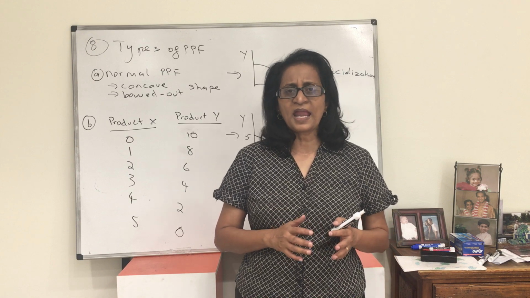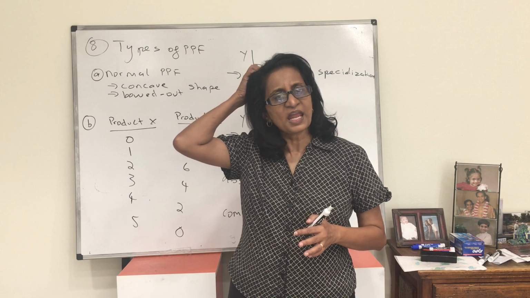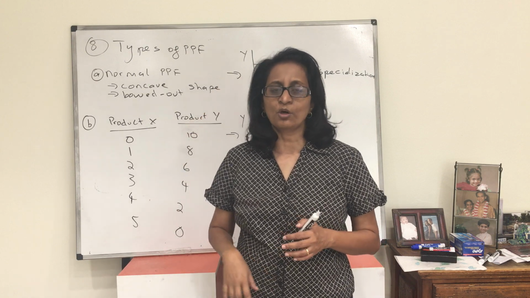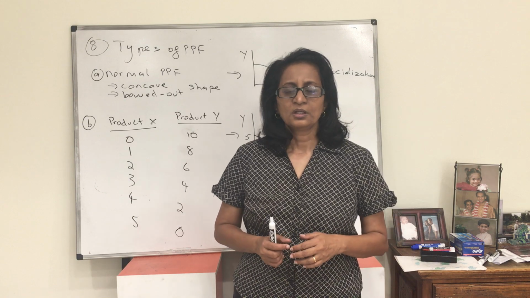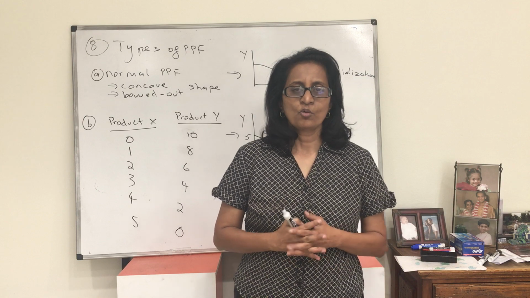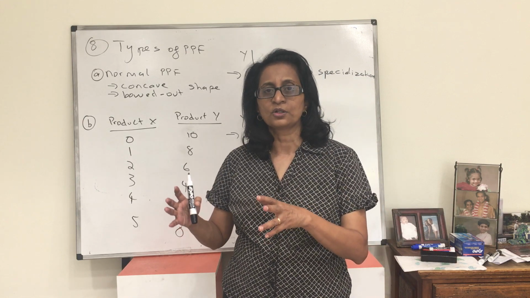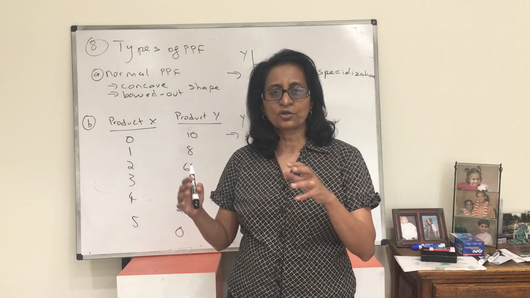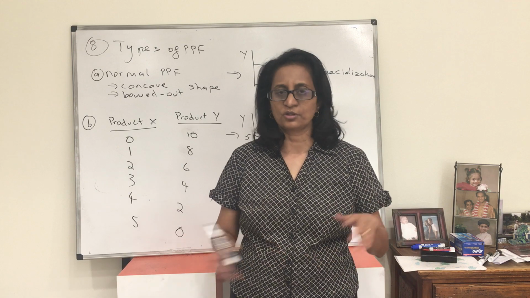If country A can make 50 bushels with all of its labor, capital, and land, and country B can make 20 bushels, that means country A has the absolute advantage over country B. If you can just make the product using the same level of resources better than, or more than, the other country, that is an absolute advantage.